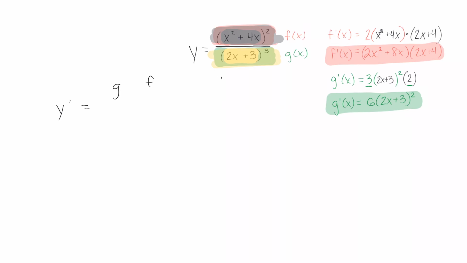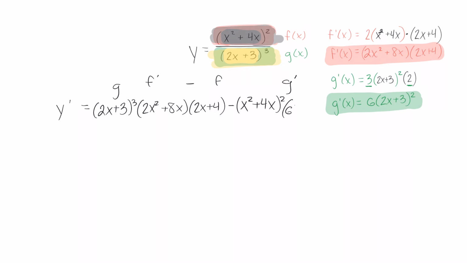G, F prime, minus F, G prime, and we're going to subtract. So G is 2x plus 3 cubed. F prime is 2x squared plus 8x times 2x plus 4, minus F, x squared plus 4x squared, times g prime, oh dear, 6 times 2x plus 3 squared, all divided by g squared.